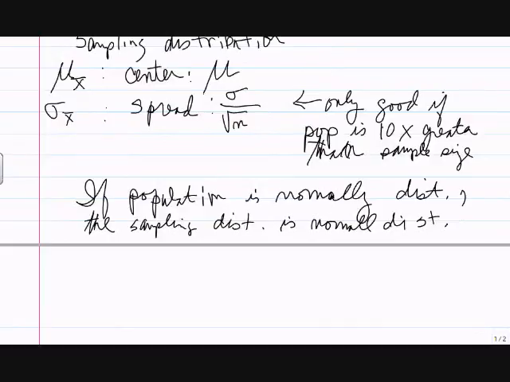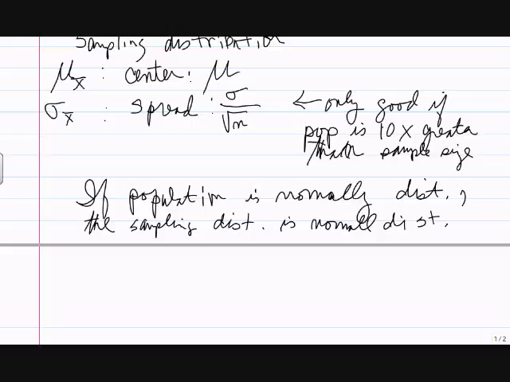There are some other times when the sampling distribution will be approximately normally distributed, but this one is the first thing we'll look at. If you know the population is normally distributed, like we did women's heights are normally distributed, then we know the sampling distribution is normally distributed.